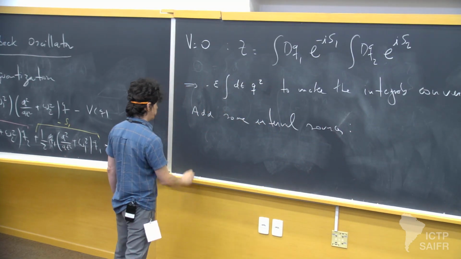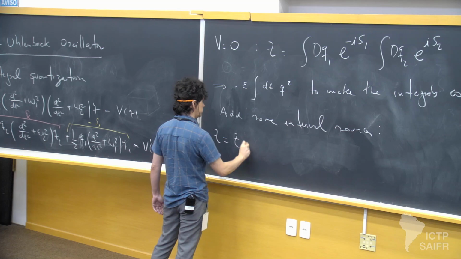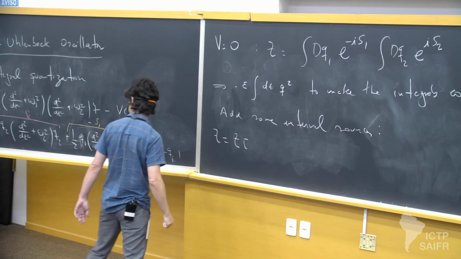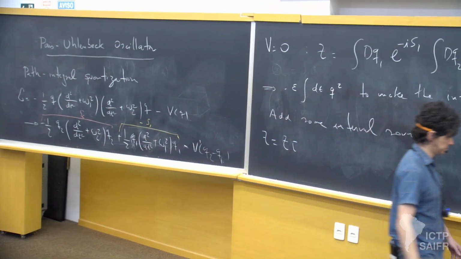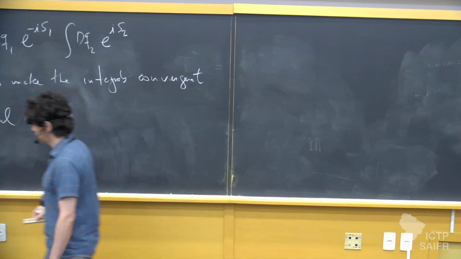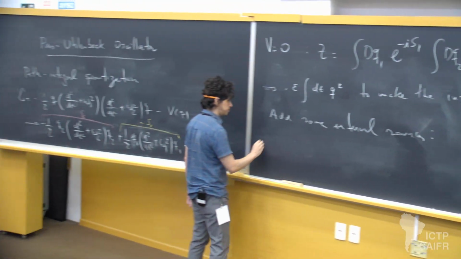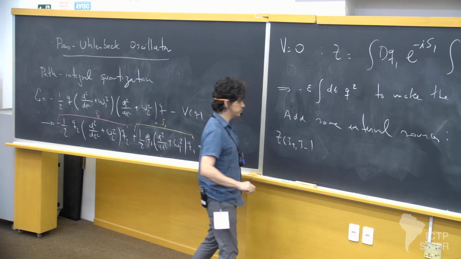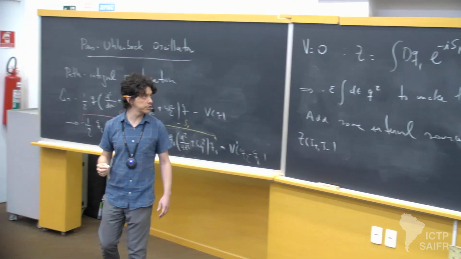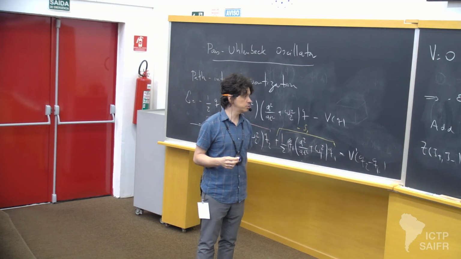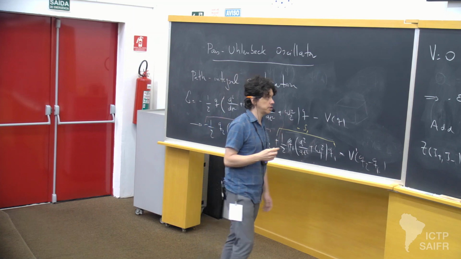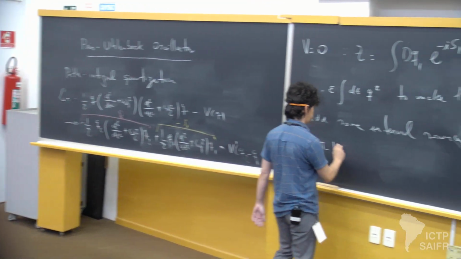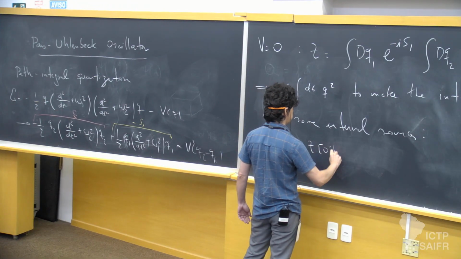And then in the end, we show that the path integral in terms of these sources can be written in this way. So J plus, J minus. I'm considering J plus is associated with the q2 and J minus is associated with q1.